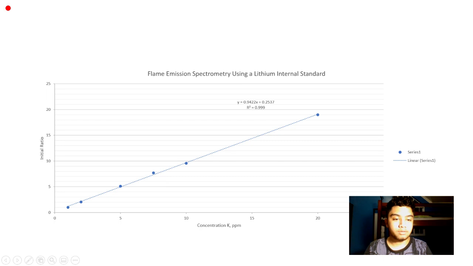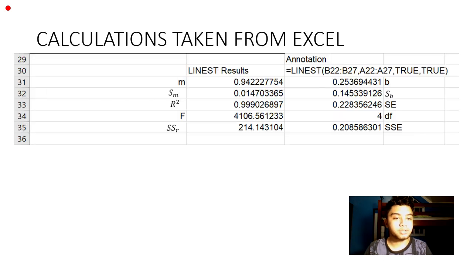And using the LINEST results, we get the slope equal to 0.9422. The intercept is equal to 0.2536. The standard deviation of the slope is 0.0147, the standard deviation for the intercept is 0.1453, and the regression is equal to 0.999.